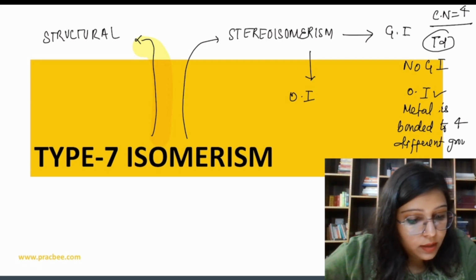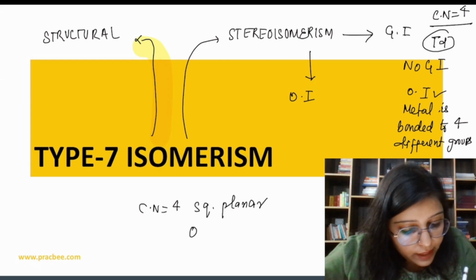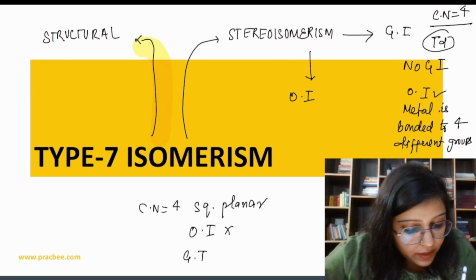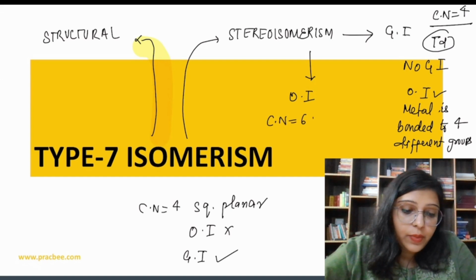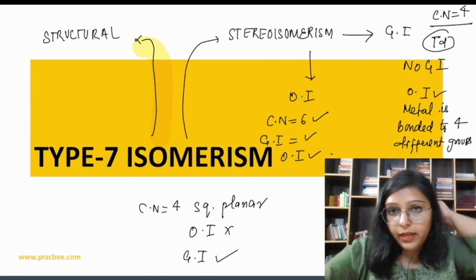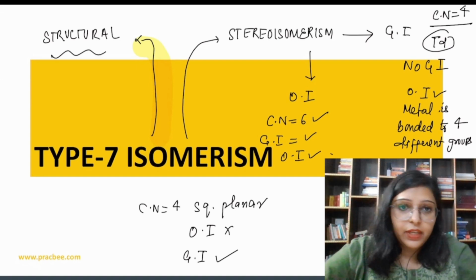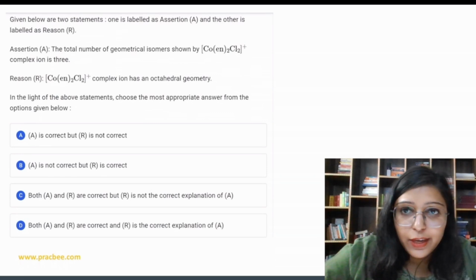If coordination number is 4 and square planar, we do not have optical isomers, but we do have geometrical isomers. For coordination number 6, we have optical isomers, and we can even have geometrical isomers, both. So let's discuss the questions.